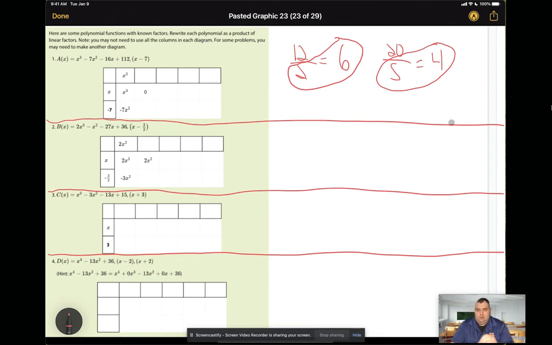Let's do one more before we move on. How about 15 divided by 3?